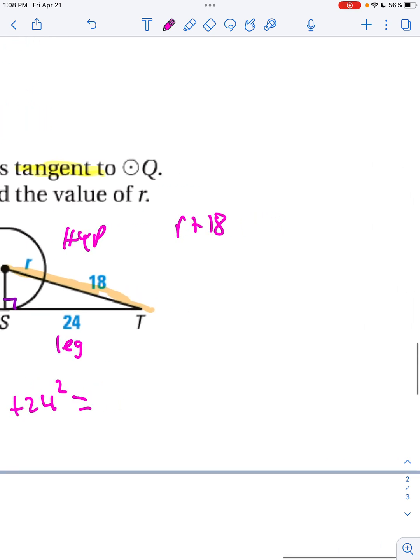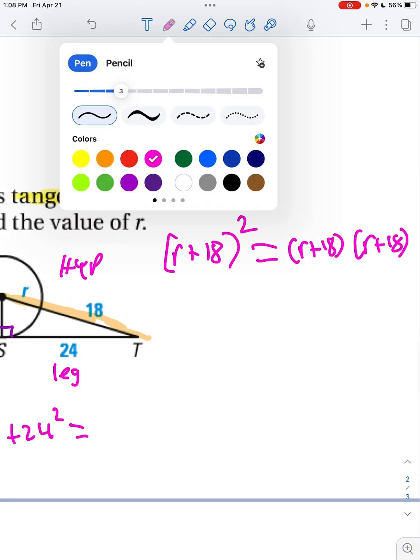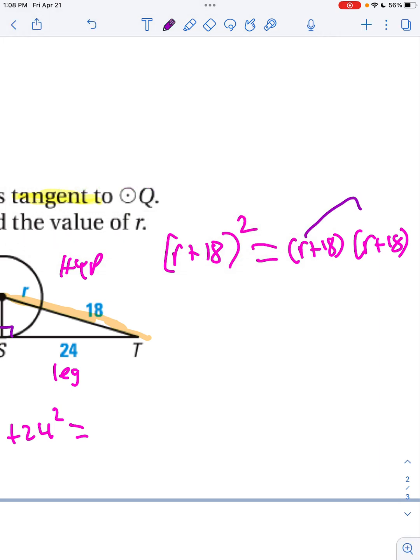But because our formula requires us to square it, we're going to do that work on the side here. R plus 18 squared. When I multiply, FOIL technique, I get r squared plus 18r plus 18r plus 18 times 18 is 324.